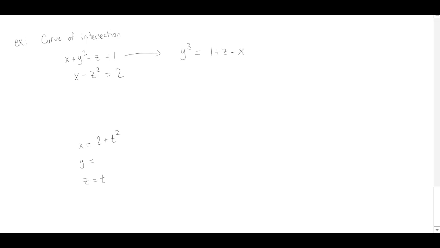So we have to cube root that to get y. And so y is the cube root of 1 plus z. For z, I'm going to plug in t. And for minus x, I'll replace x with 2 plus t squared. Okay. And that gets me a set of parametric equations for our curve of intersection.